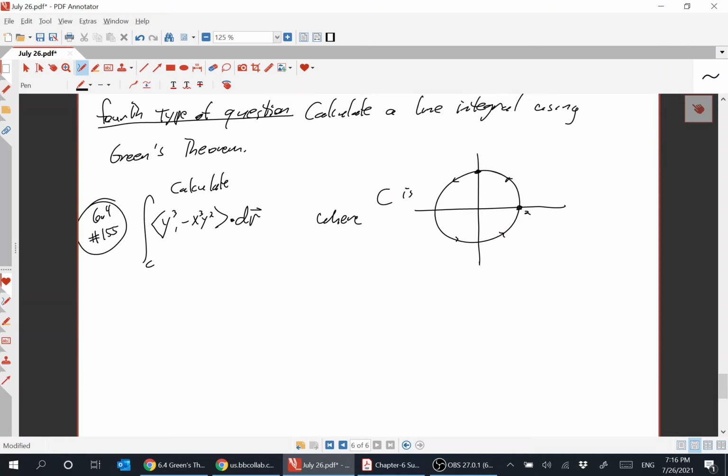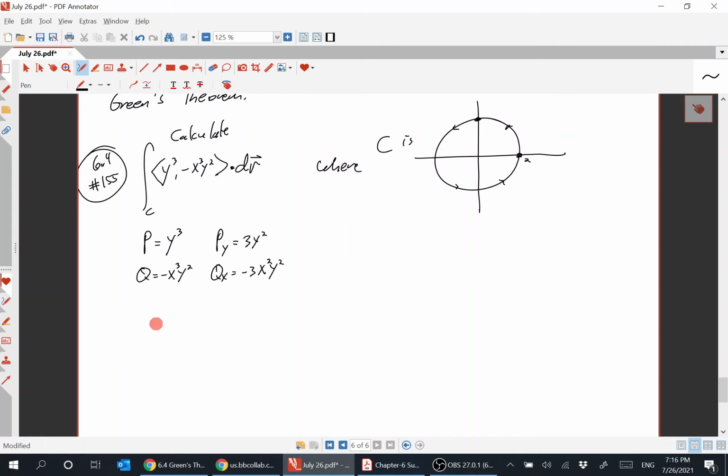Okay, so here P is y to the third, Q is minus x to the third y squared. So the partial derivative of P with respect to y is 3y squared, and the partial derivative of Q with respect to x is minus 3x squared y squared.